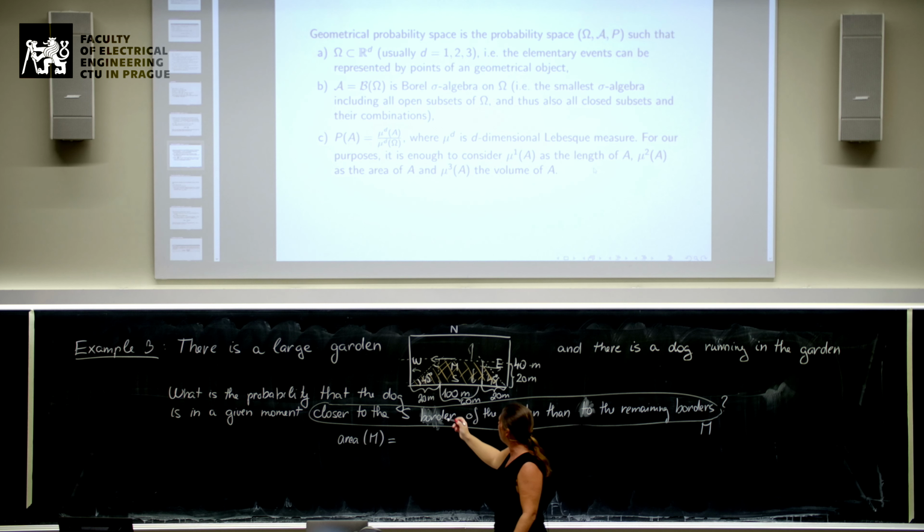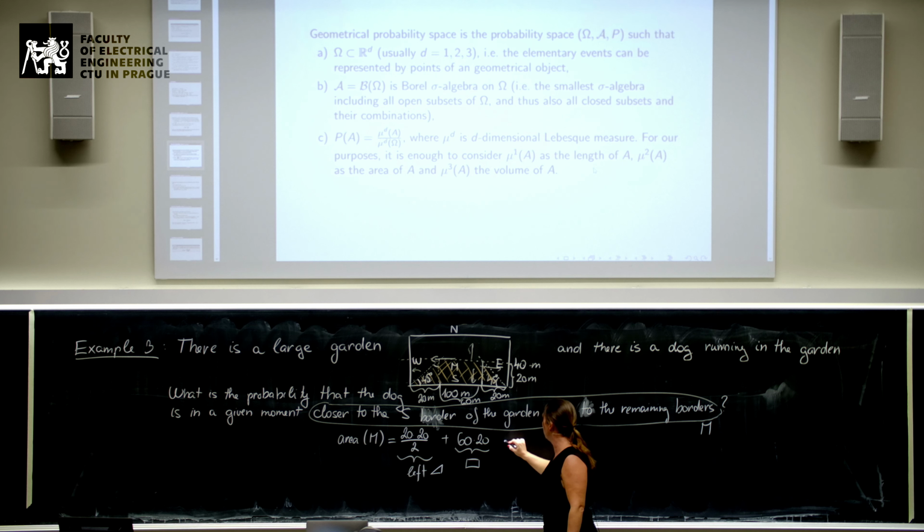So it means that the area is the area of the left triangle, which is 20 times 20 over 2, plus 60 times 20, which is the area of the rectangle, plus 20 times 20 over 2, which is the area of the right triangle.